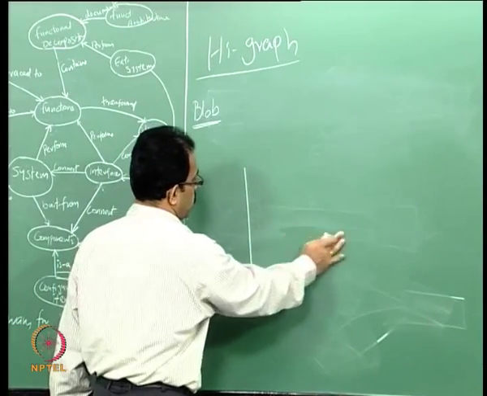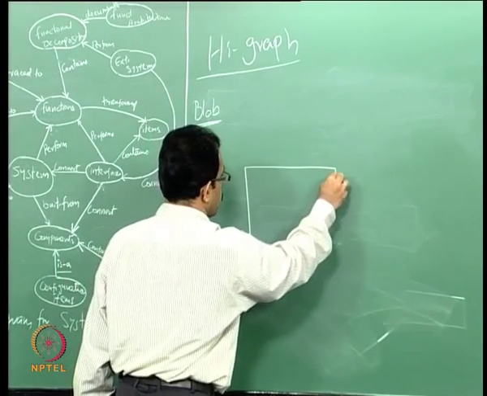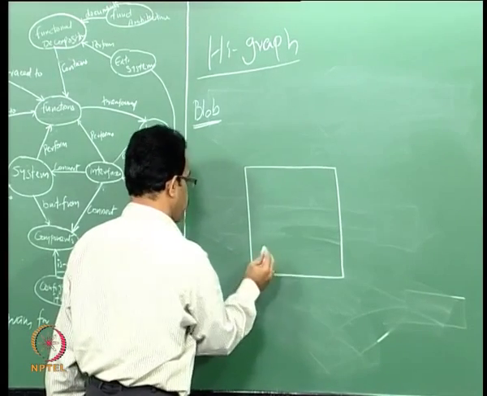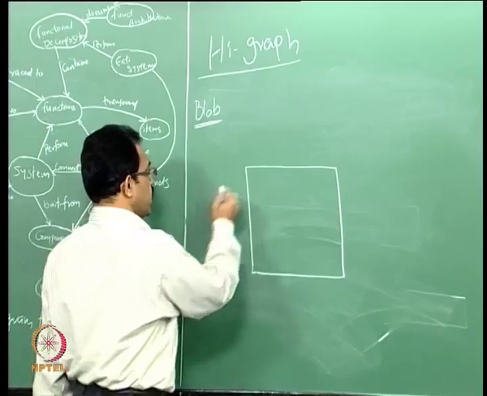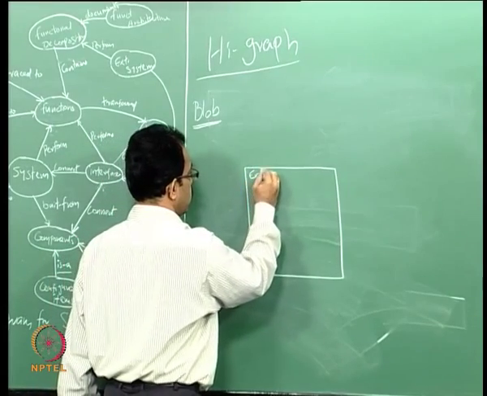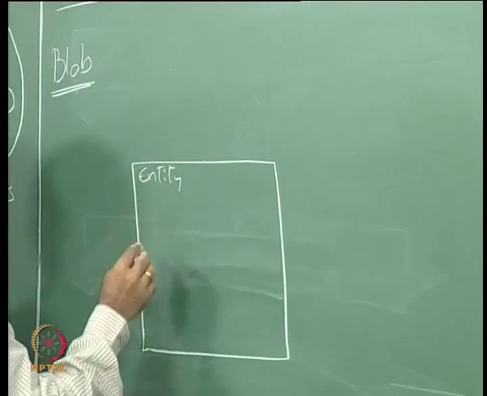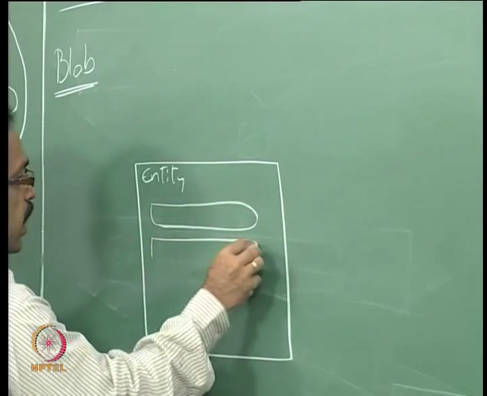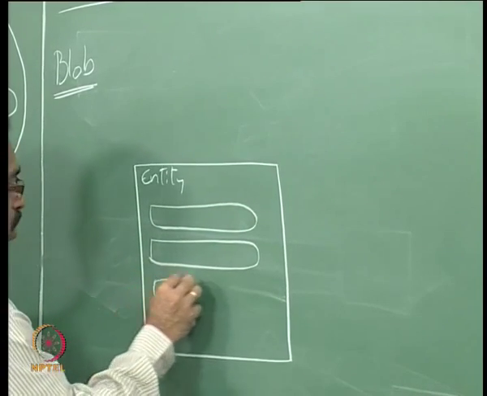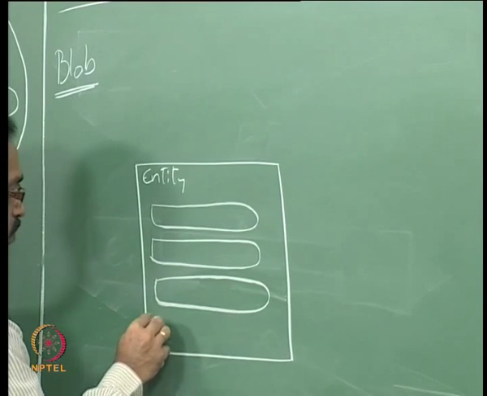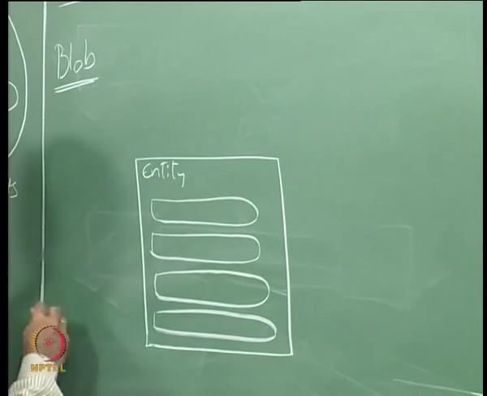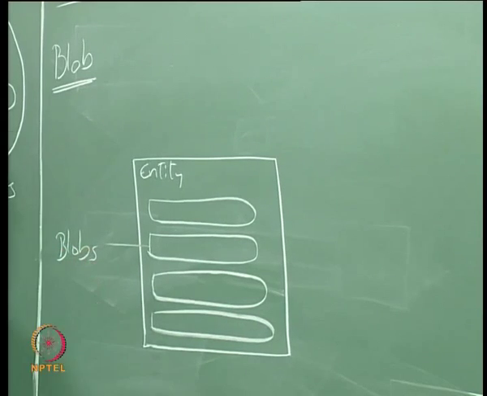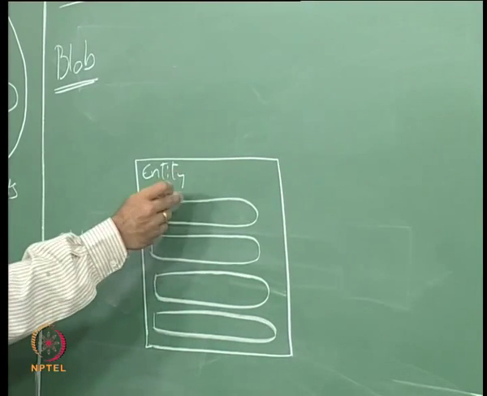So, here we represent the high graph using one entity that will be representing many elements. If you take this as one entity, we will represent the entity with a collection of elements called blobs. These are known as the blobs. So, a collection of many things can be considered as a single entity.